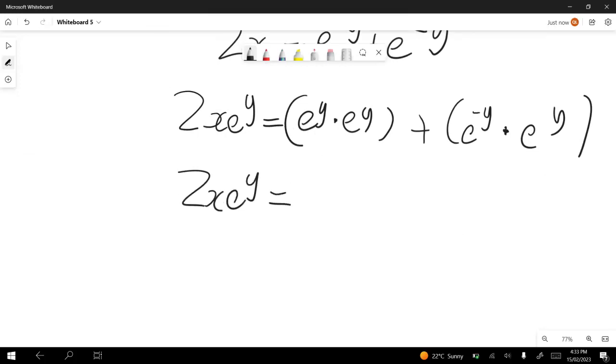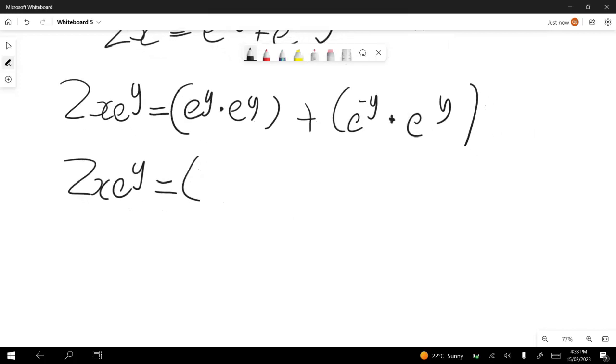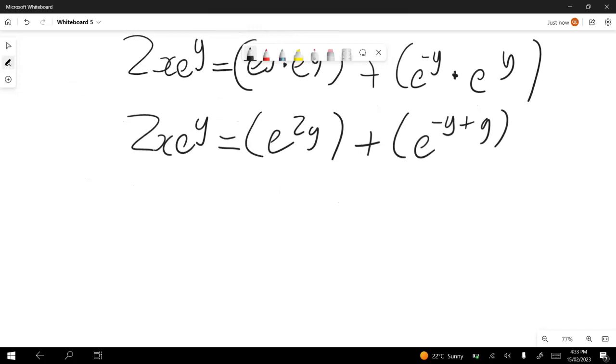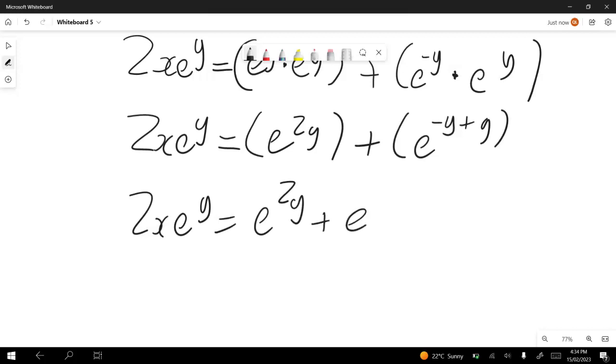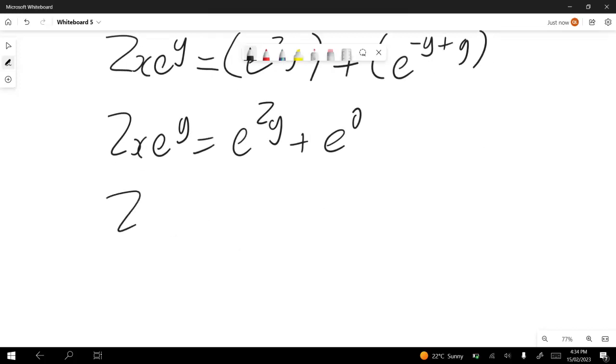Now remember the index rules: if we have the same base and we're multiplying, then we add the powers, so this is just 2y. Same with this, minus y plus y. So 2x e to the y is equal to e to the 2y plus e to the 0, because minus y plus y is 0, and anything to the power of 0 is 1.